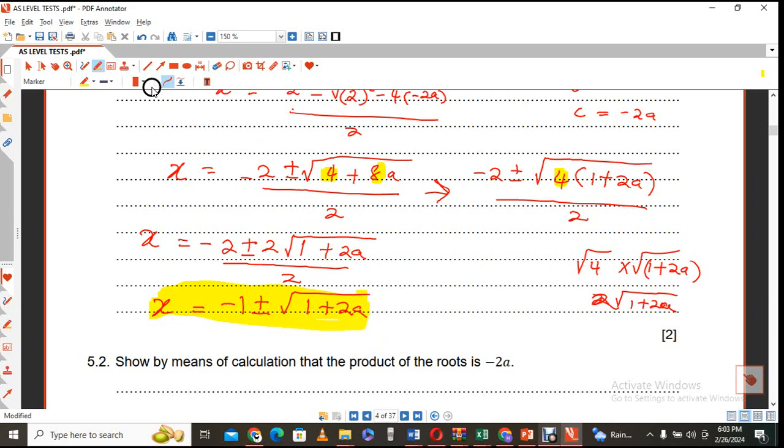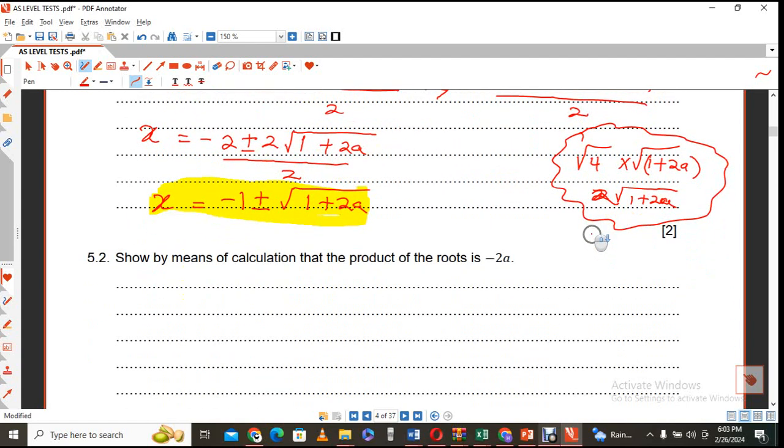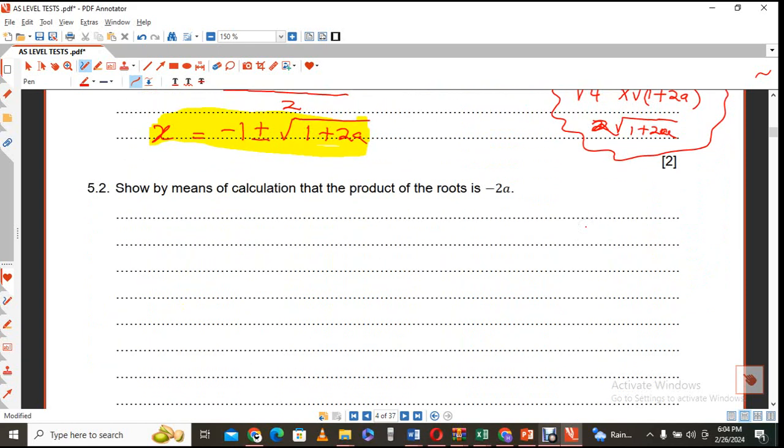Right, so there is quite a lot. It's just simplification and some revision of algebra work that you are supposed to be familiar with. Then they say, show by means of calculation that the product of the roots, so if you multiply the two roots, minus 1 plus the square root of 1 plus 2a, times minus 1 minus the square root of 1 plus 2a.